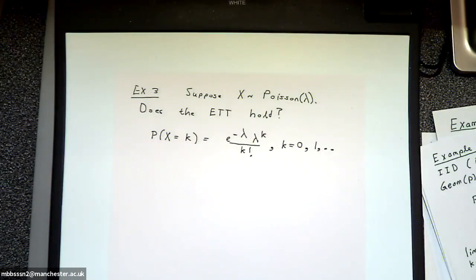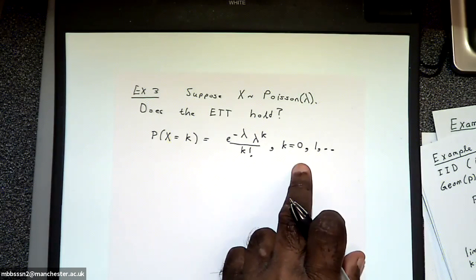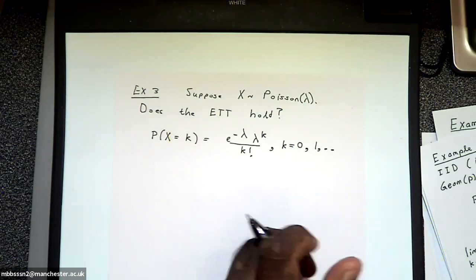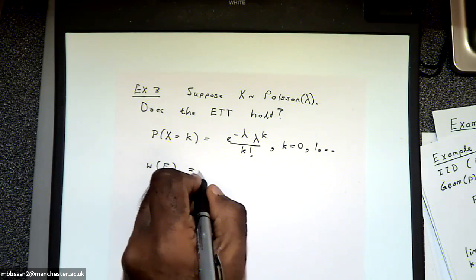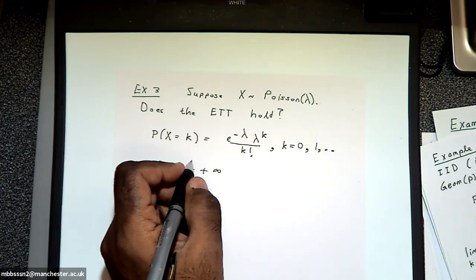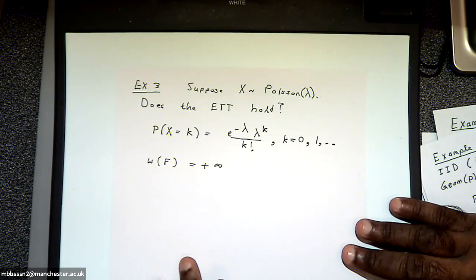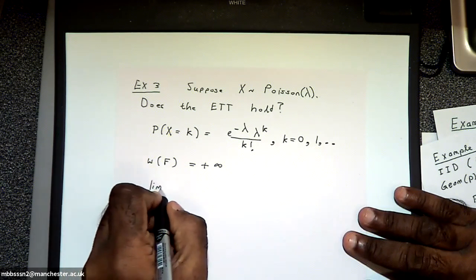Yeah, this is the probability mass function of the Poisson. If you look at the domain of the Poisson, it goes from 0, 1 up to infinity. So it should be clear that W of f is infinity. Remember, you look at the domain and see what's the largest point of the domain. That should be the W of f, right?